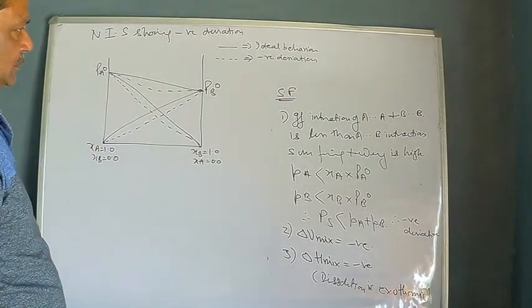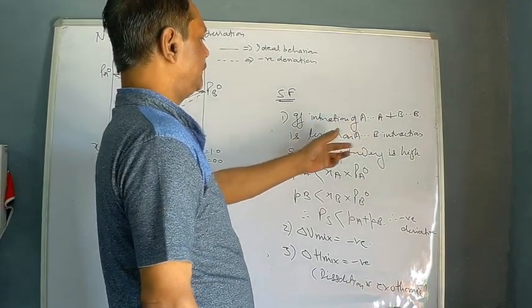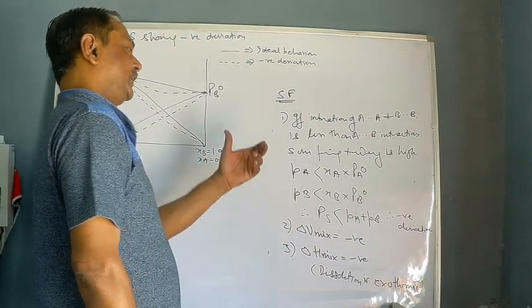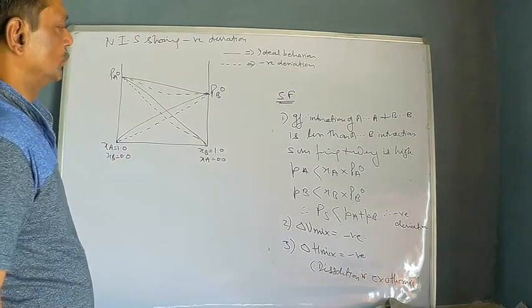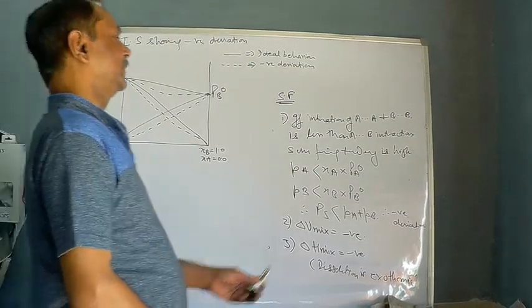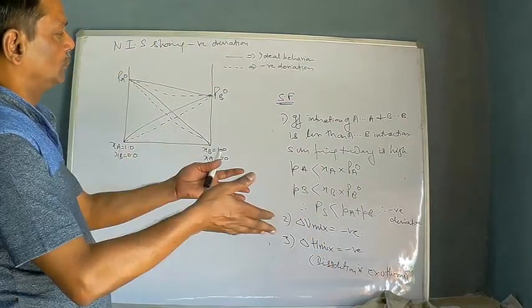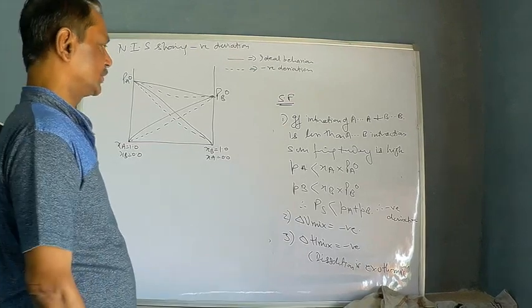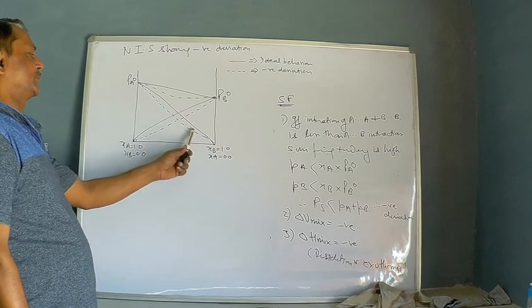Why do they show negative deviation? The reason is here. If interaction of A and A, B and B is less than AB interaction, meaning the bond between AA and bond between BB is very weak, then the solution forming tendency is very high. So if solution forming tendency is very high, they will go into the solution more than expected. And if they go into the solution more than expected, then their vapor pressure will also be less than expected.